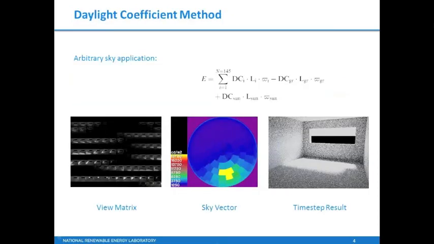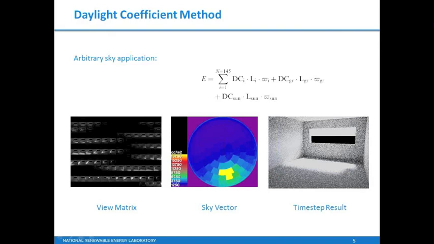I mentioned before the daylight coefficient method. Basically, what we're doing when we leverage the daylight coefficient method is, rather than solving the lighting solution for a specific time of day or day of year or sky condition, we figure out the contribution of a single, completely uniform sky that just uniformly emits 1 candela per meter squared per steradian.